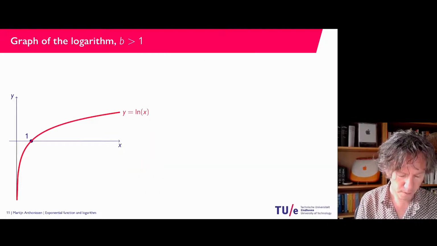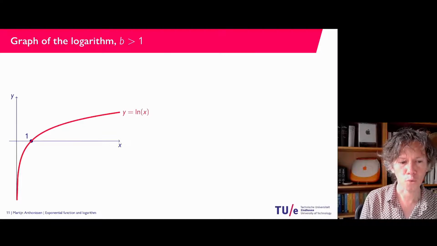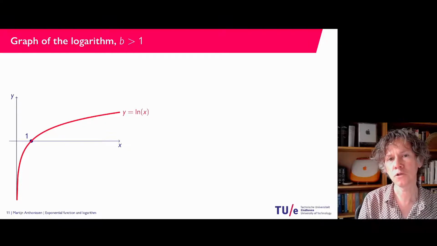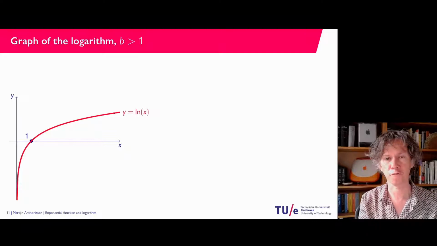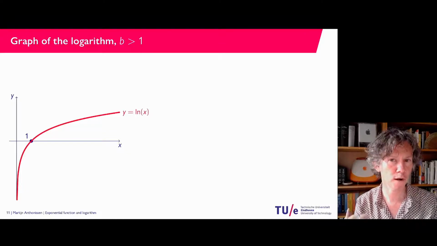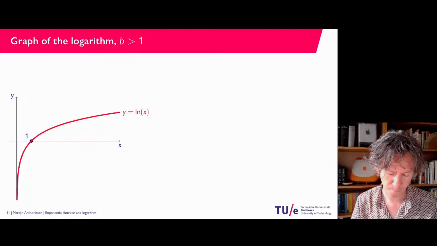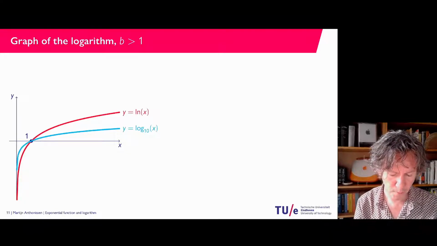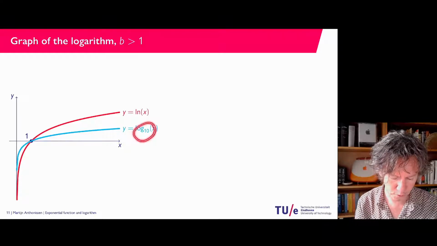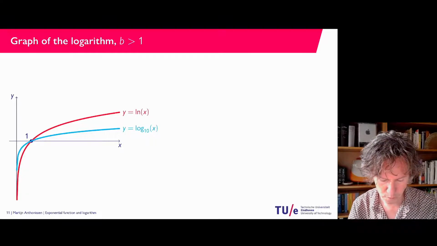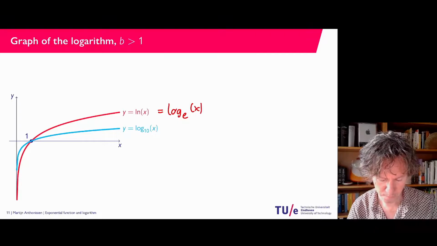Now let us look at the graph of the logarithm. The ln we've already seen; we could find that by mirroring the exponential function. It's the inverse of e to the power x. We know the graph of e to the power x. If you mirror in y equals x, then you get this graph. If you make the base larger, this one is log base e of x, and e is approximately 2.718.